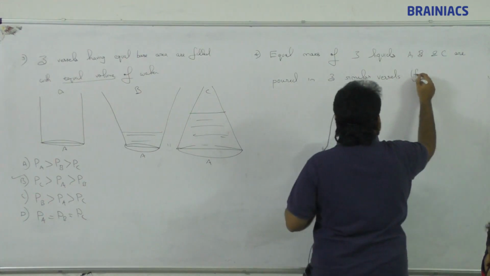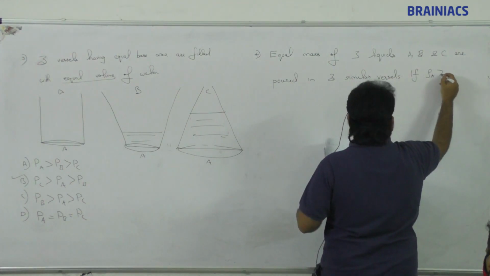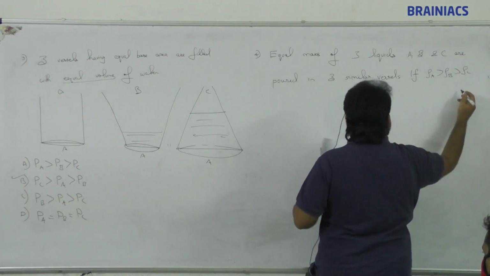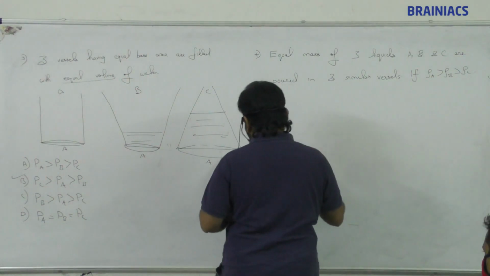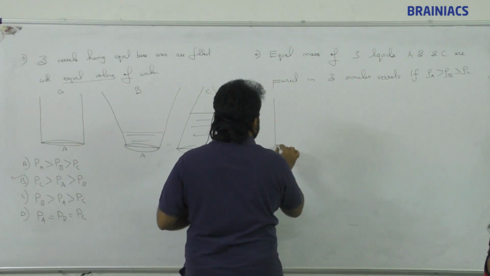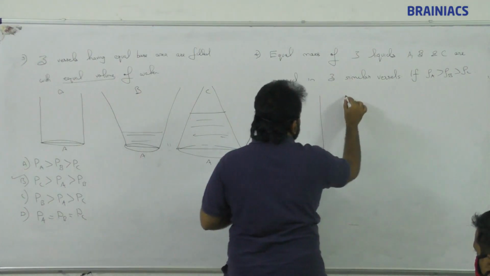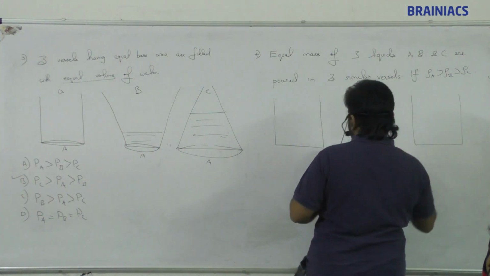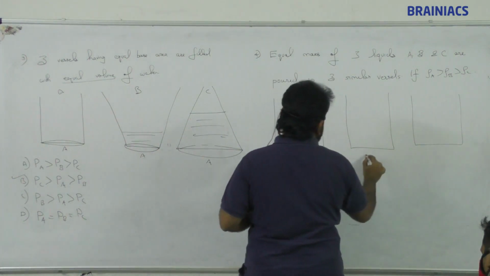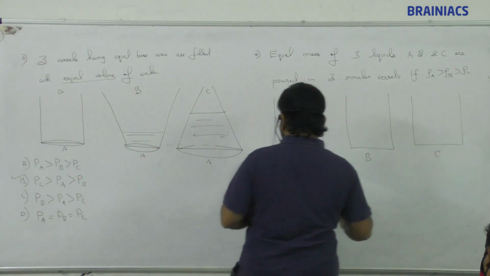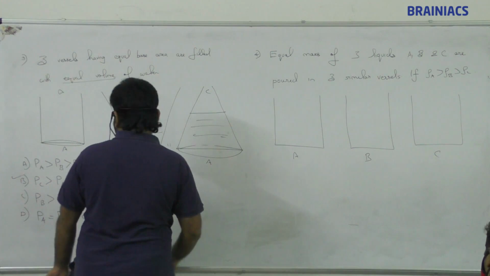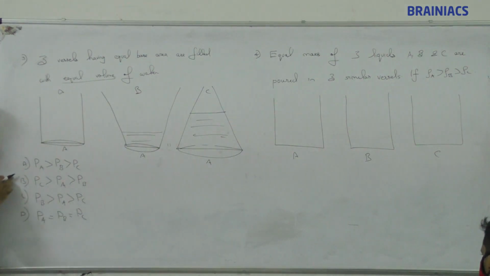Density of A is greater than density of B, which is greater than density of C. So A, B, C. The question is again the same options.